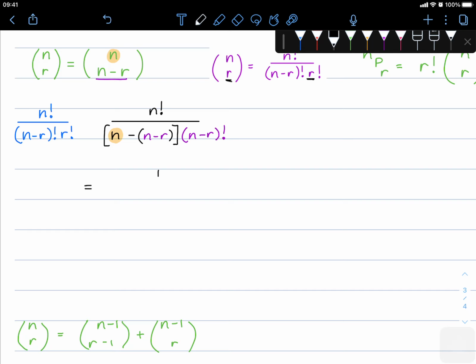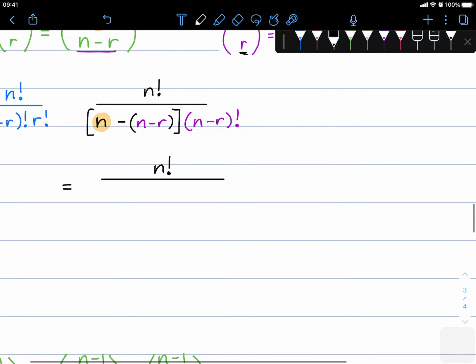The numerator doesn't change. Expanding this now, n stays the same. Expanding this out, we get minus n plus r, because minus times minus becomes plus, factorial n minus r factorial.